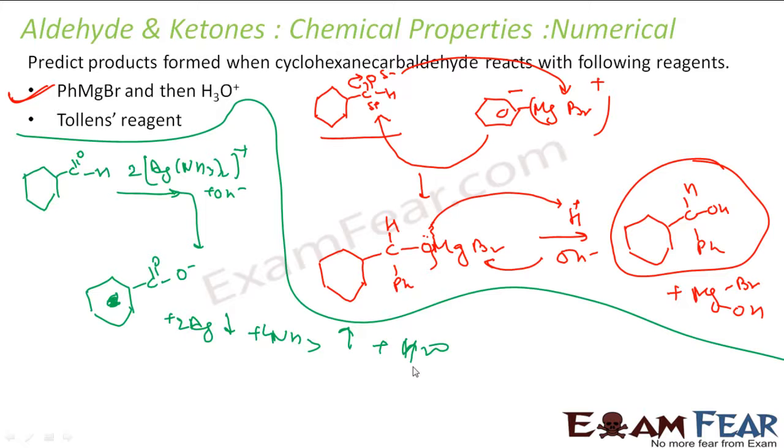So this is called cyclohexane carboxylate ion. This is what you get when my cyclohexane carbaldehyde reacts with Tollens reagent. Correct? Tollens reagent is a mild oxidizing agent and it can easily oxidize aldehydes to carboxylic acid, and that's what it is doing here.